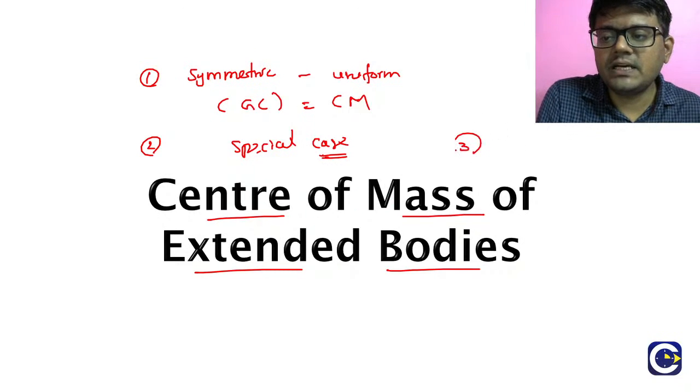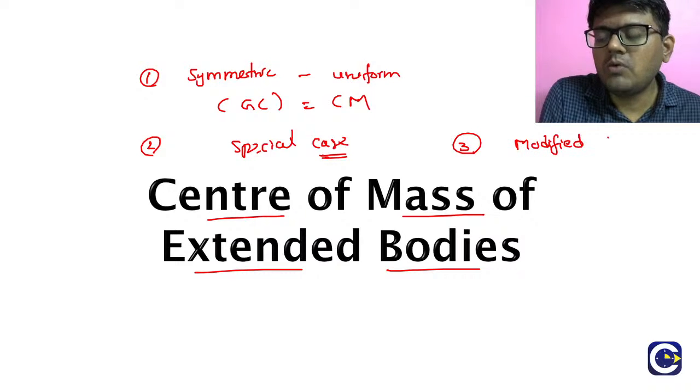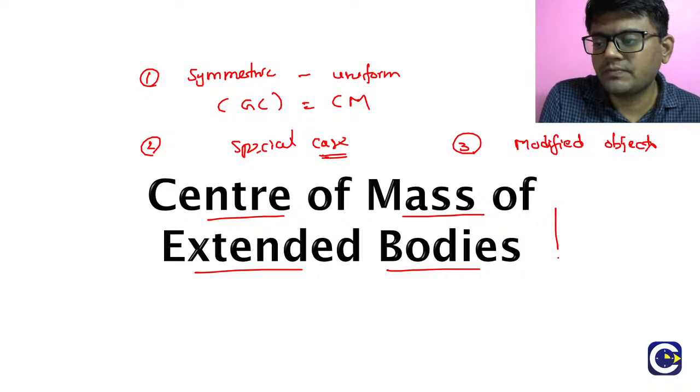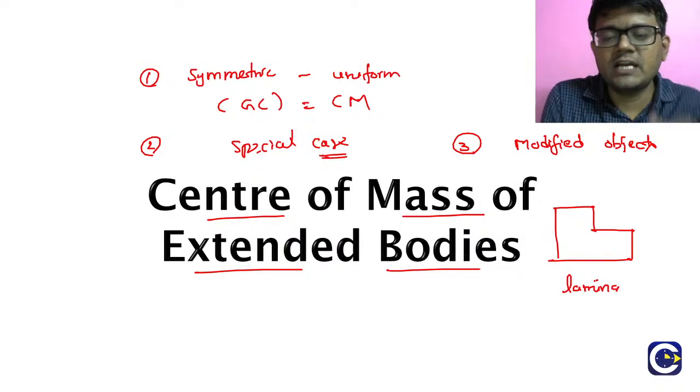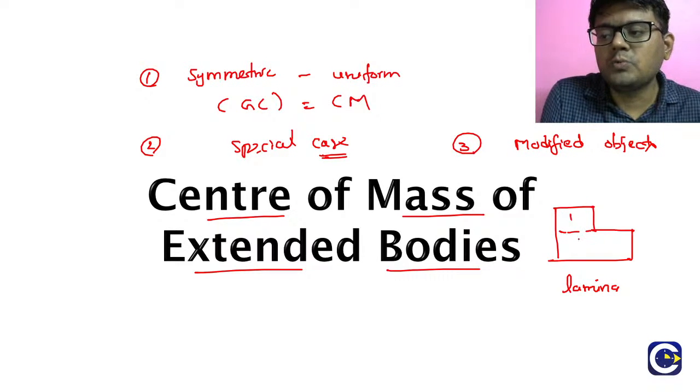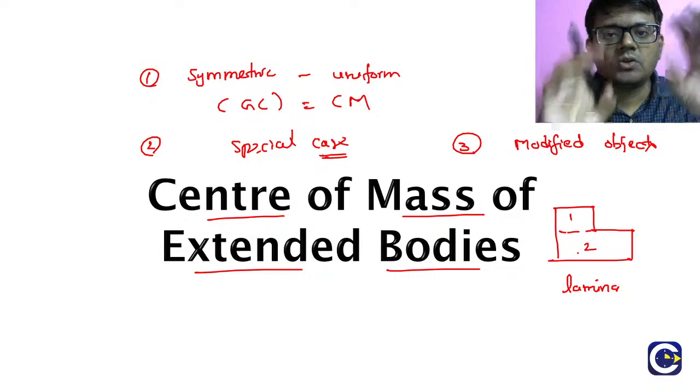Then we have seen some modified objects. Like we have solved this particular problem, right? We have a lamina or a blade which overall is irregular, but when you cut it, it becomes two symmetric parts.